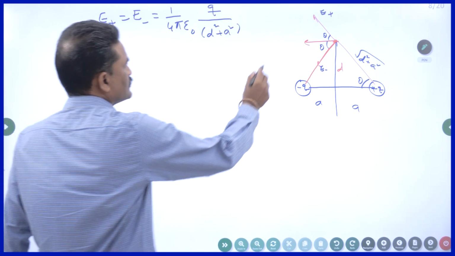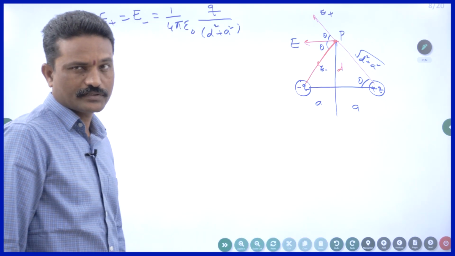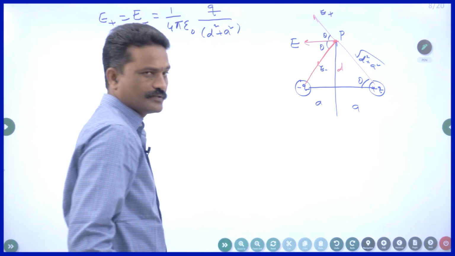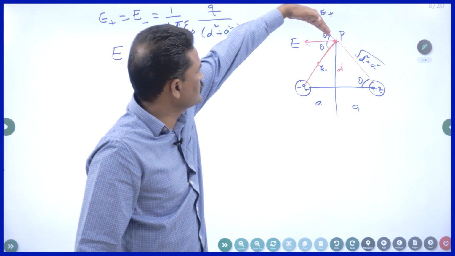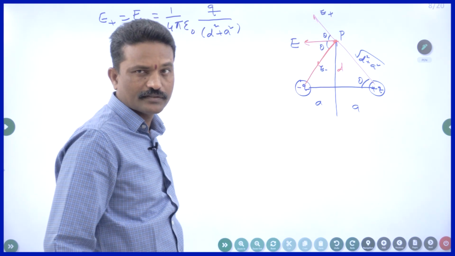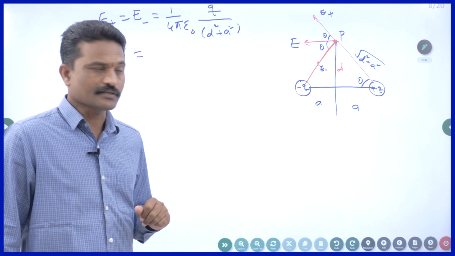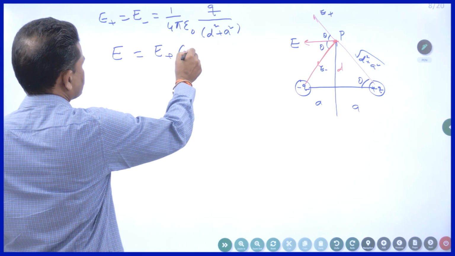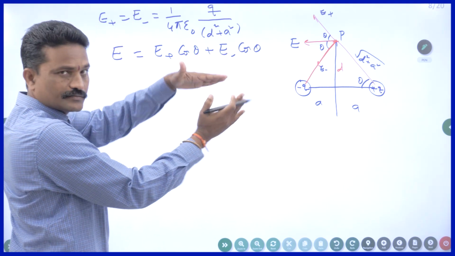But I want E, the resultant force acting on P, that is on the unit positive charge. So since this is theta and this is theta, the resultant E is definitely equal to the sum of the horizontal components: horizontal component of E plus, horizontal component of E minus. In vectors, horizontal component of vector A is equal to A cos theta, right? So E is equal to E plus cos theta plus E minus cos theta. Both are acting in the same direction.